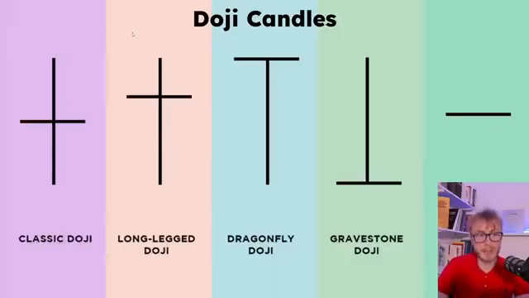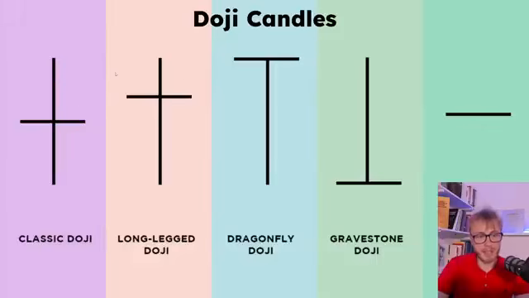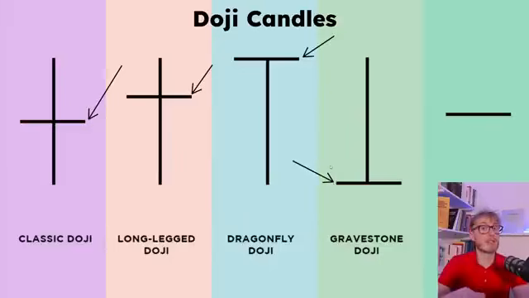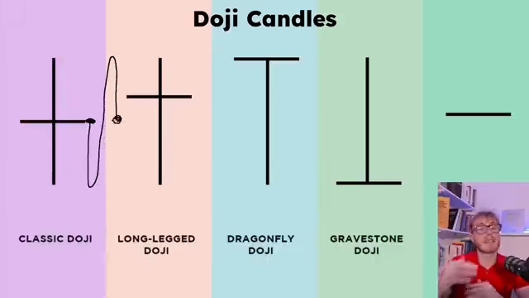As you can see here on the screen, we have many different types of dojis. They all have different and pretty funny names. But the most important part about the doji candle is that if you take a look at the body of all the dojis here, the body is pretty much only a line, which means that the candle opens, moves up and down during the candle, but closes pretty much at the exact same level where it opened.